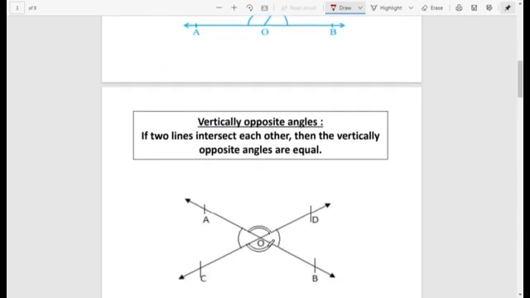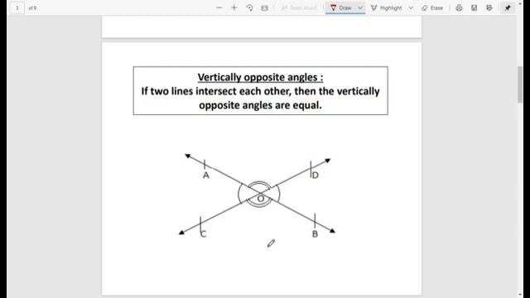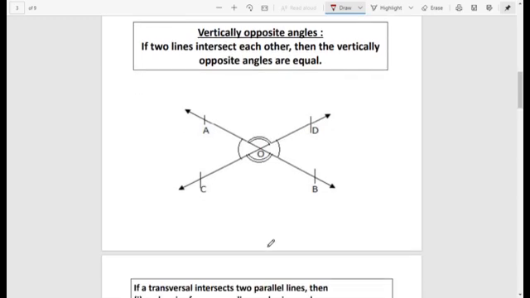Next is the vertically opposite angle. If two lines intersect each other, then vertically opposite angles are equal. In the figure, AB is a line and CD is another line which are intersecting at point O. So vertically opposite angles are forming here.